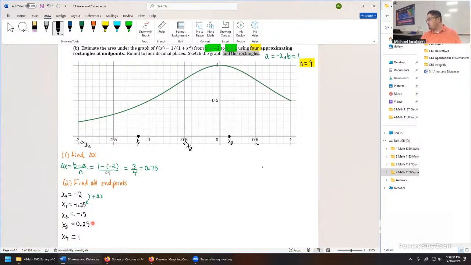And x4, hang on, I think I'm putting these values down a little bit weird. Let me double check my work here. x1 is -1.25, so that looks about right. x2 is -0.5, so about here. x3 is 0.25, so that should be about here rather.